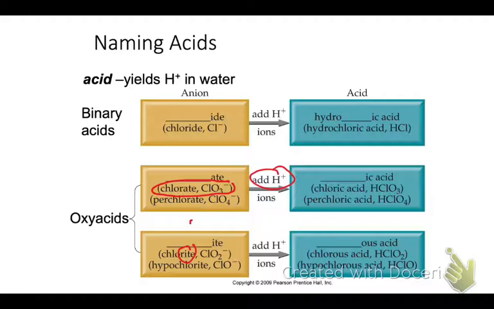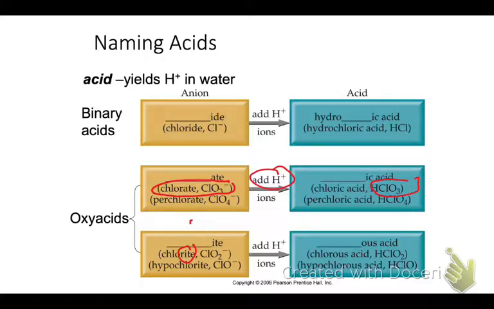So now let's try. When we have a chlorate and we make the acid here, that is now chloric acid. Now notice, I don't have anything at the beginning of the name. It's just the name of the polyatomic ion. I don't say hydro. The polyatomic anion was a chlorate. It will become chloric acid.